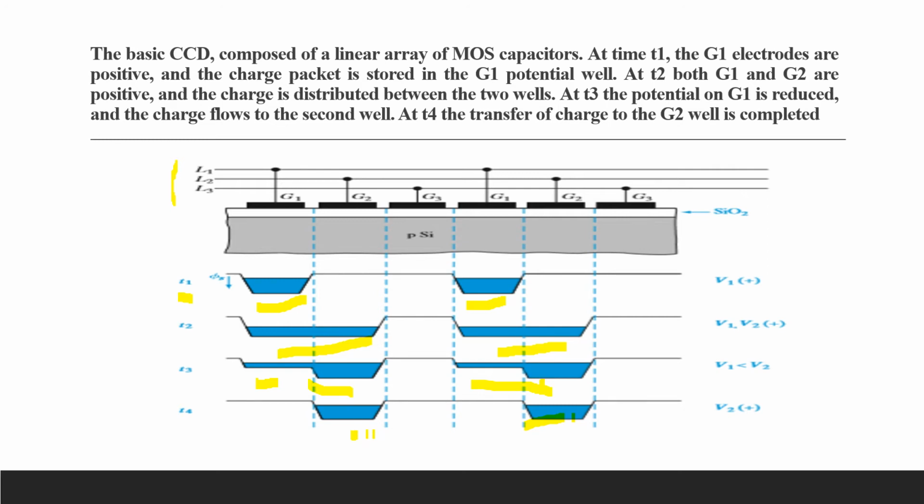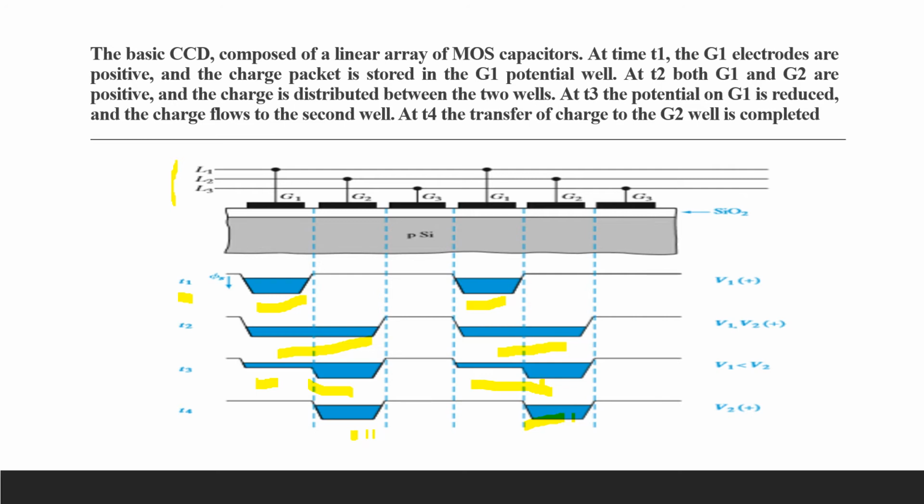Before moving to the next figure, you can see here V1 was positive when we got charge accumulation in the potential well at gate G1, and when both potentials are equal, that is V1 and V2 are positively supplied, then the charge is equally distributed.